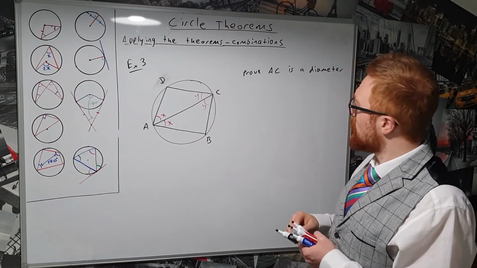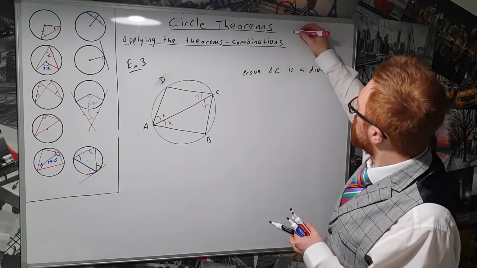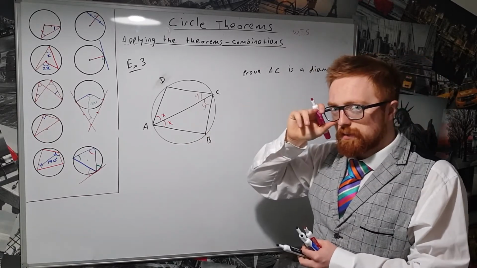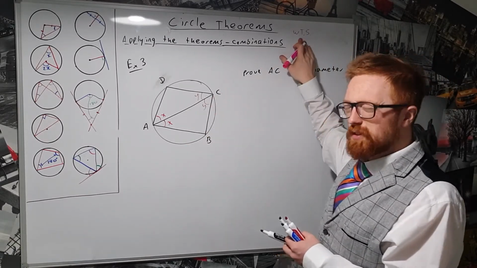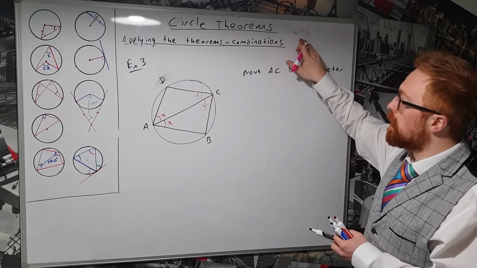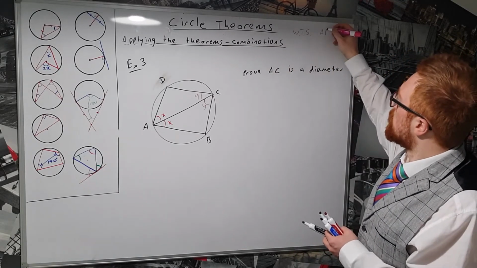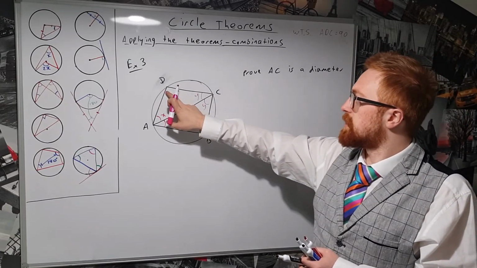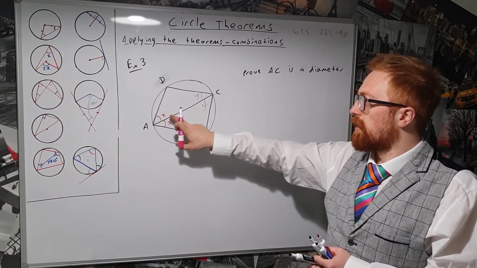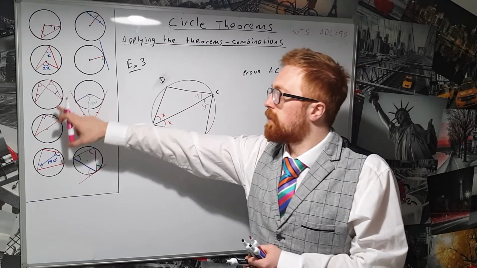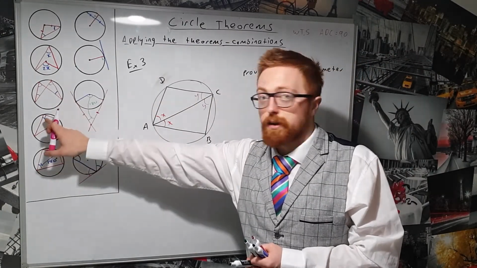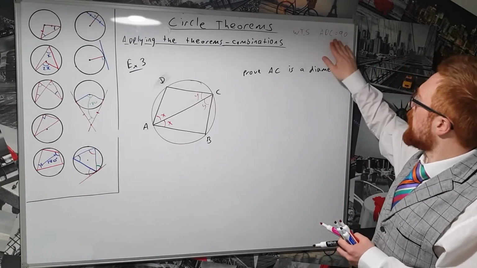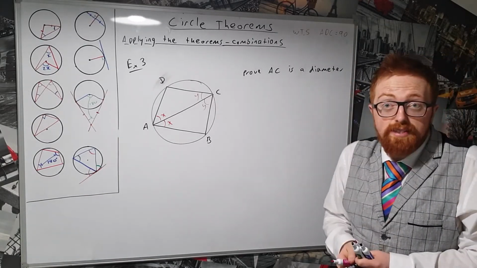If you can spot something that will prove it, it's useful to write it down so we know what we're aiming for. We want to show that ADC is a right angle. If this angle is a right angle, then AC is a diameter, because of the circle theorem: a triangle in a semicircle is a right-angled triangle. So if we can show that ADC is 90 degrees, that'll do it.